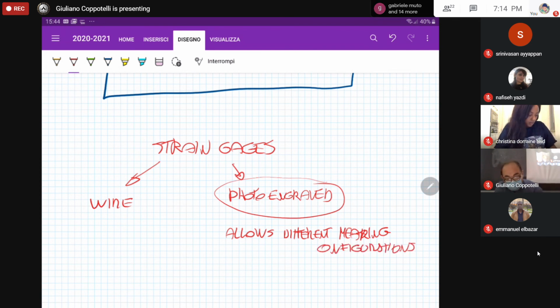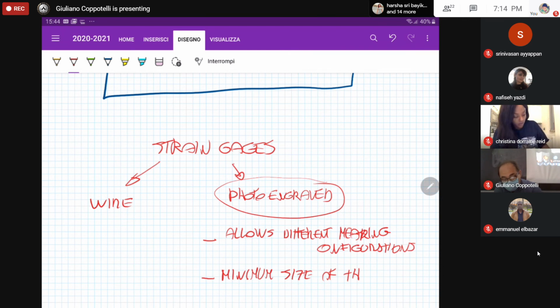Minimum size of the measuring grid is about 0.05 square millimeters, so very tiny.